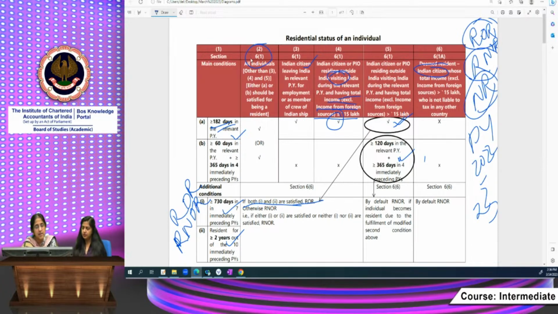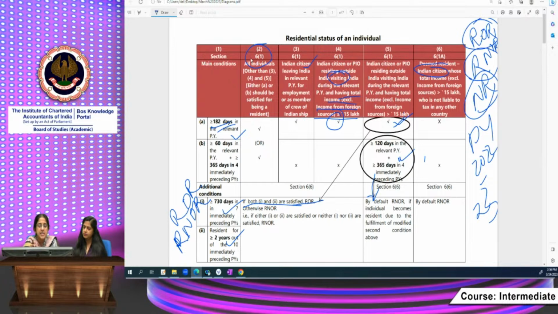And in the earlier 4 years, he stayed in India for 365 days. Then that person also, by default, will become a resident and not ordinarily resident. So by default, in two cases. One is this case, the 120 plus 365 days condition. And second, in the case of a deemed resident, he will always be resident but not ordinarily resident.